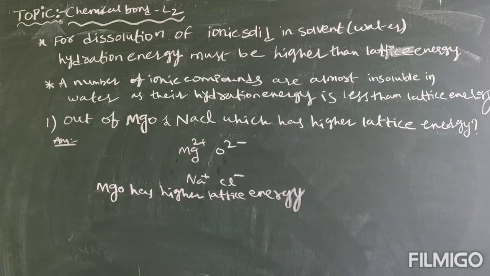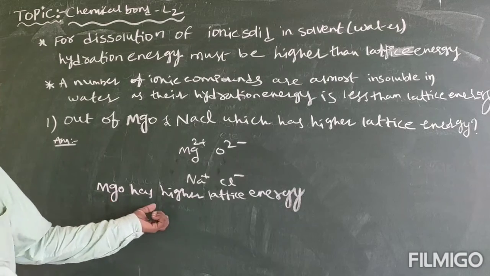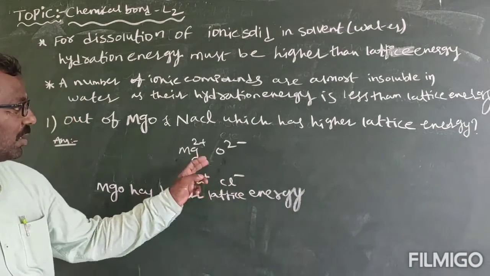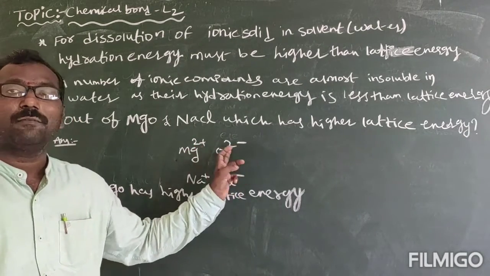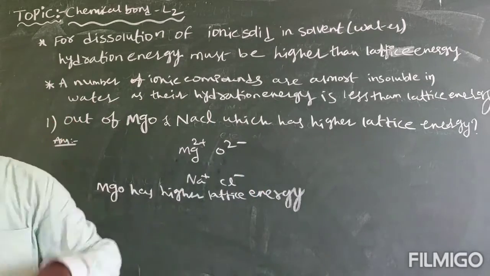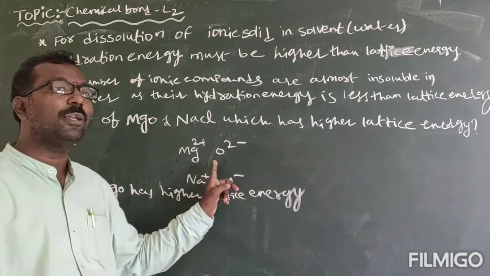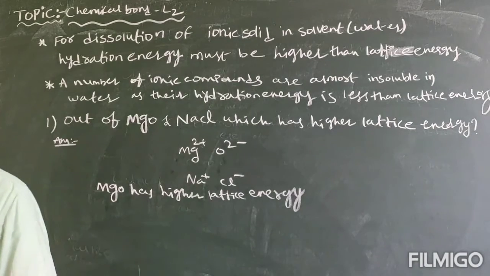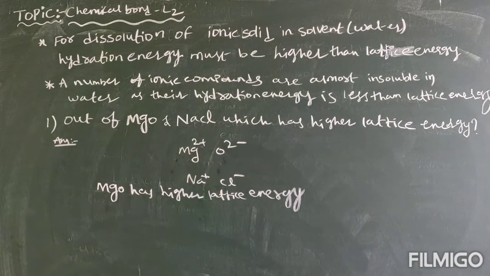Is it clear? MgO has higher lattice energy because it has a 2+ charge and a 2- charge, 2 units of charge. But NaCl has only 1 unit of charge, 1+ and 1- only.